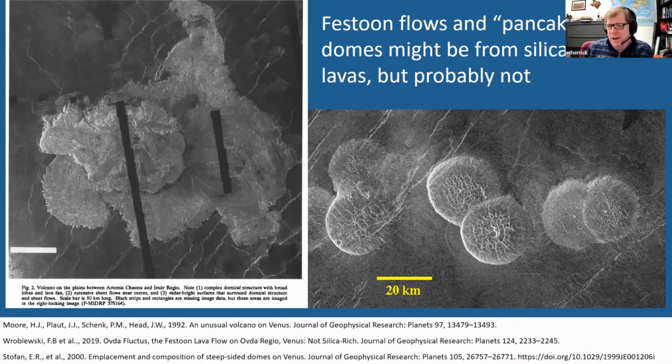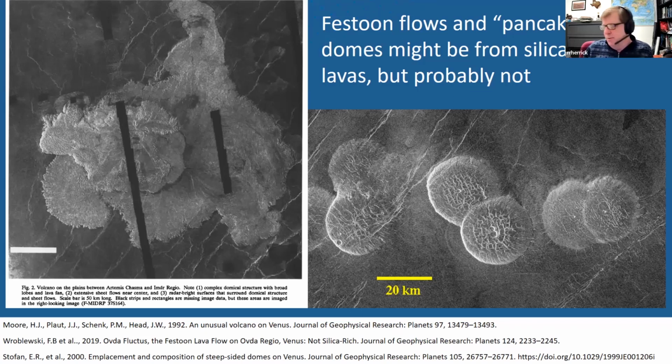There's a couple of things that have been floated as possible features from silica-rich lavas, namely the festoon flows and the steep-sided domes, which have also been called the pancake domes. The basis for thinking these are produced by silica-rich lavas is the resemblance to terrestrial features, at least in some ways in terms of the morphology.